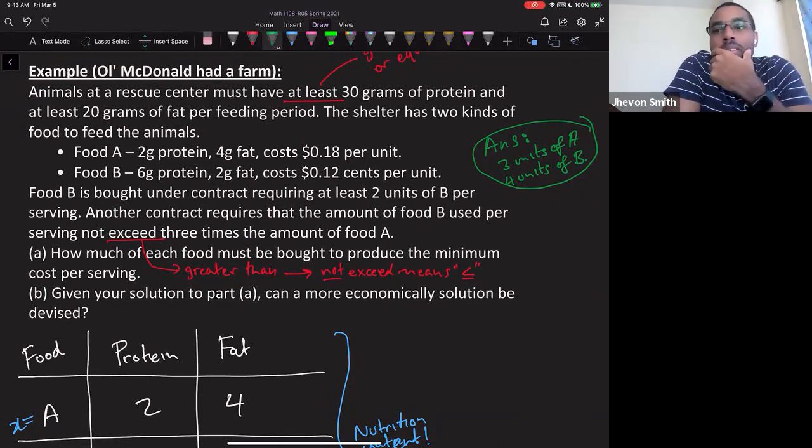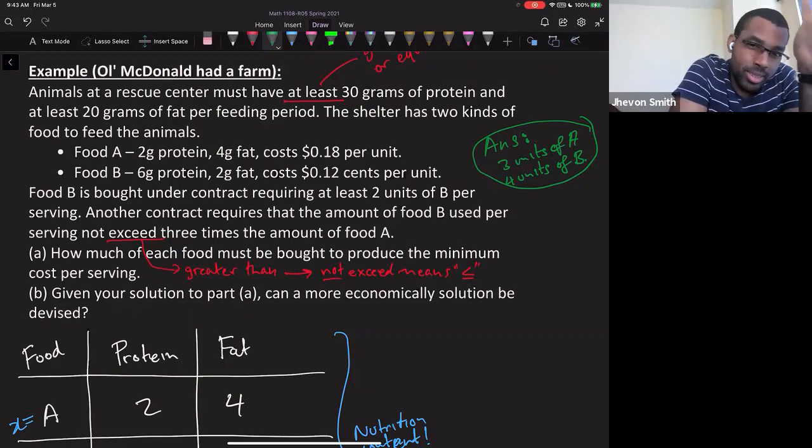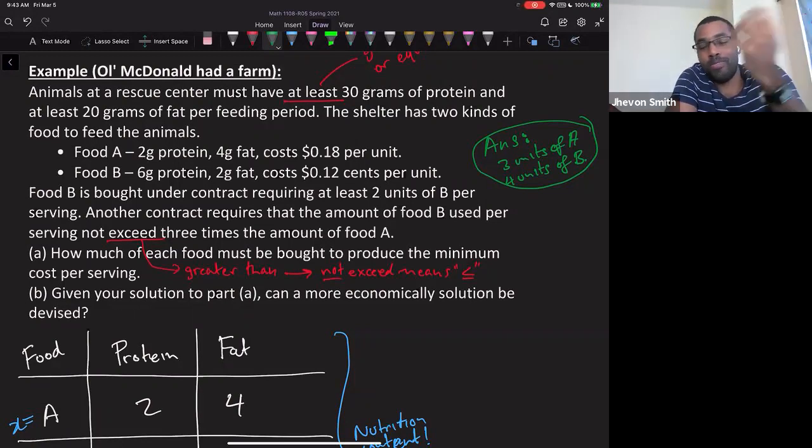Ideas. And we're really focusing on food B. So we don't want more than 3 times food B as food A, as well as we're required to buy 2 units of food B. But I noticed that it's in my interest to buy 4 units of food B. Anything we can do with that?